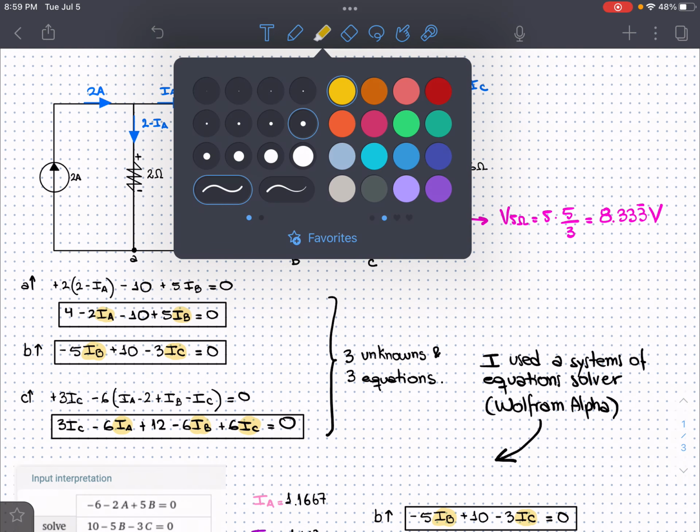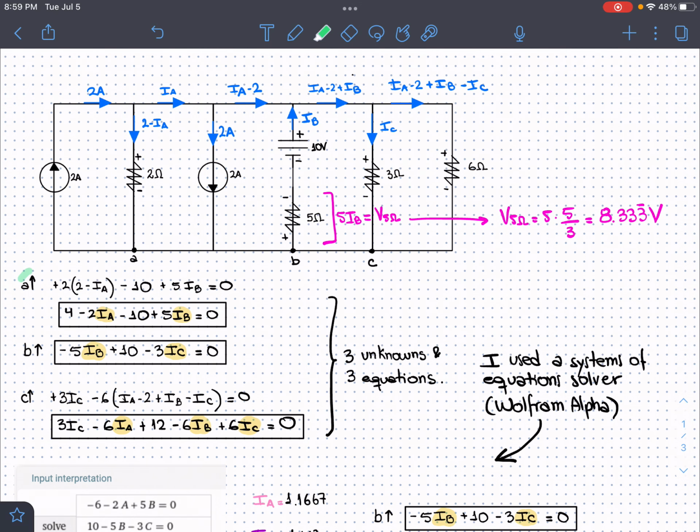As you can see here, and I'm going to mark it in this color, in this loop I skipped this current source. I started from A, and I went over there, and this is the loop that I used.